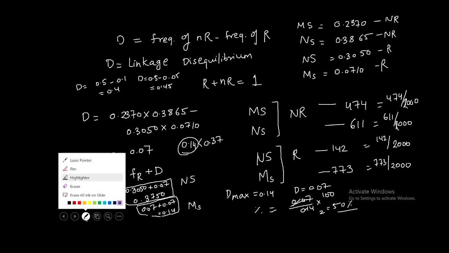Now coming to the linkage logs of odds ratio, which is the LOD ratio. This is very important. If the LOD ratio is more than or equal to 3, you will say your genes are significantly linked.